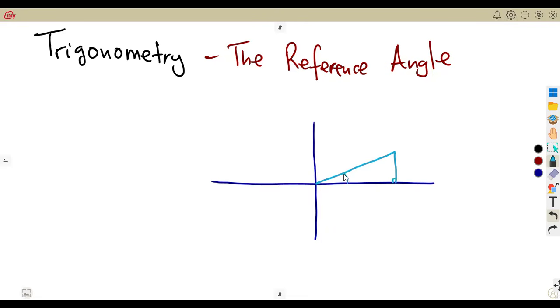Let's call this alpha for now. In the second quadrant, also the same thing. You're going to have your triangle this way, and the reference angle is this angle, which is our alpha. This is your reference angle.